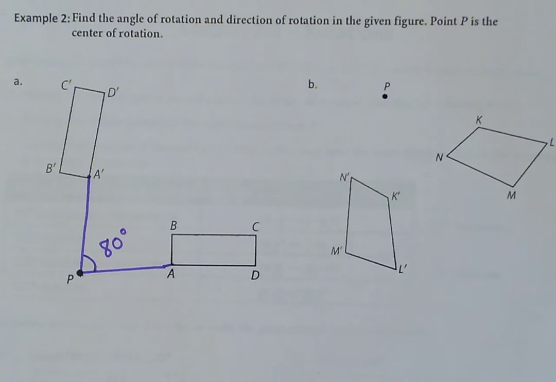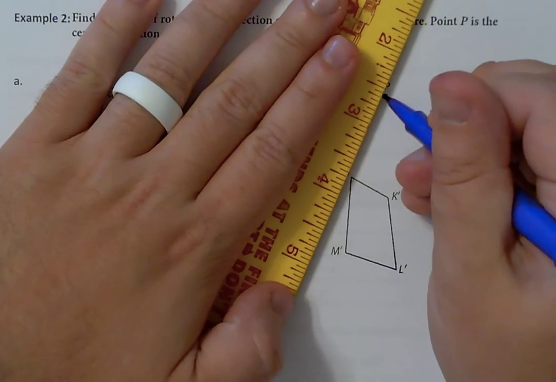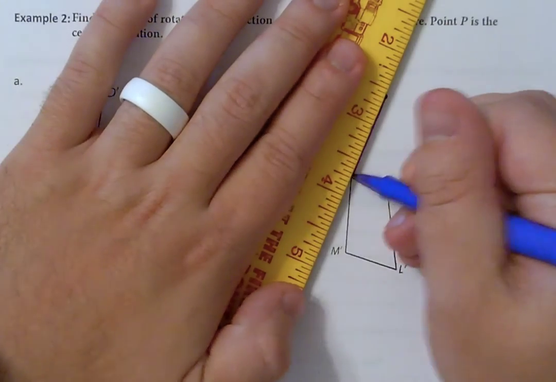Now, you would go through and do that for parts B and C. I'll leave that for you if you really want practice. If you want more guidance on how to do those ones or help with it, please just let me know the next time you see me if you have any questions. Okay, but all you have to do, and I'll start with B, just choose one of the points. Doesn't matter if you choose N or K, L, or M. Let's just go with the N points.